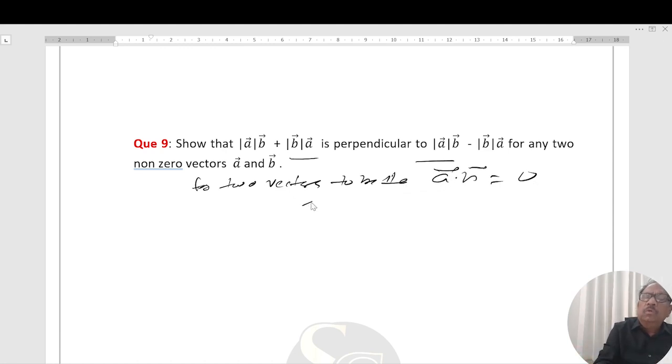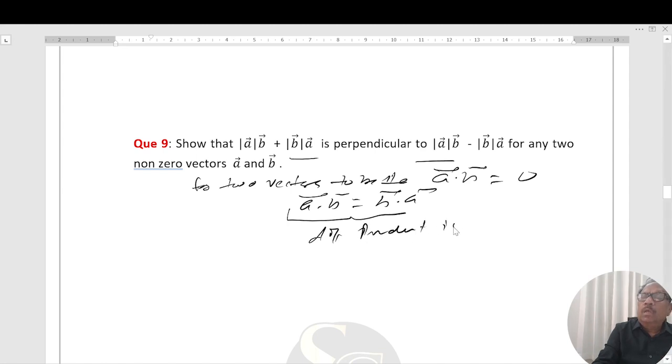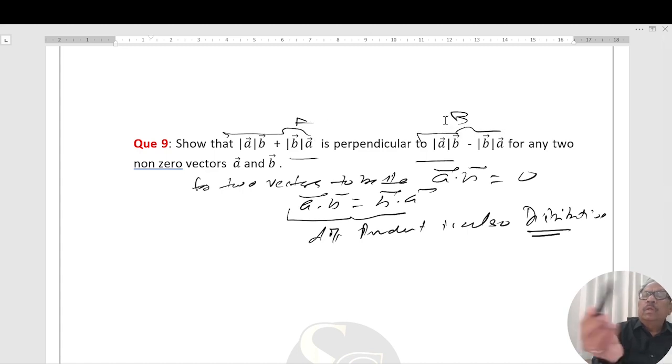We also know A dot B equal to B dot A. It is commutative, right? Dot product is also distributive. So simple. So this is vector A, this is vector B. Take the dot product and expand it.